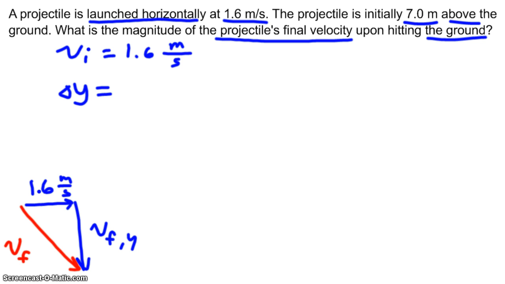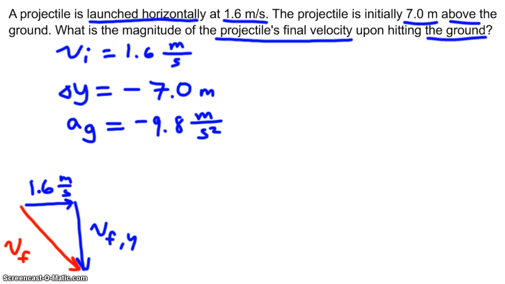So it falls down, it travels down negative 7 meters. The acceleration due to gravity is negative 9.8. That's the value we use. And what are we looking for? We're looking for that final y velocity so that we can use our geometry to find the final 2D velocity.